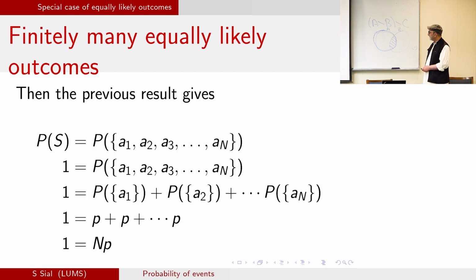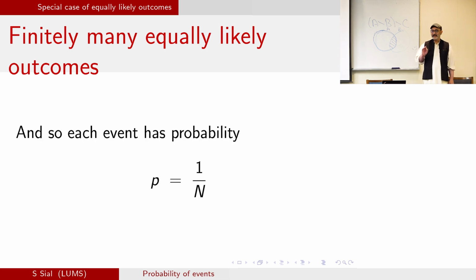Each of the individual outcomes is equally likely. So I have 1 is equal to P plus P plus P and so on, n times. So 1 is equal to nP. When we have equally likely outcomes, and there are capital N outcomes, the probability for each of the equally likely outcomes is 1 over N. So I have a fair coin and I flip it.